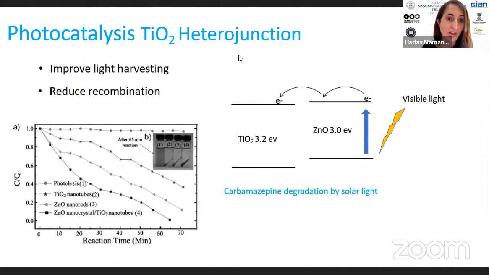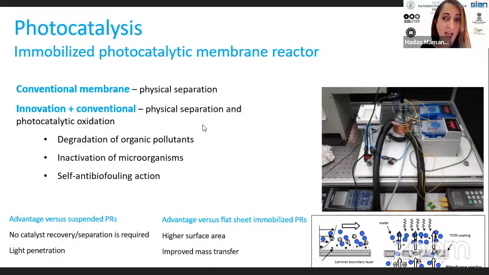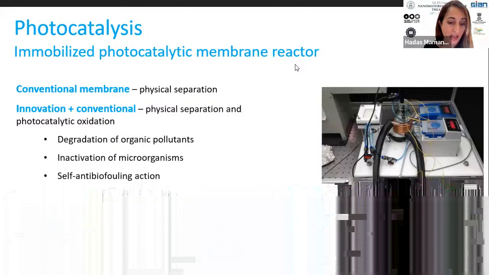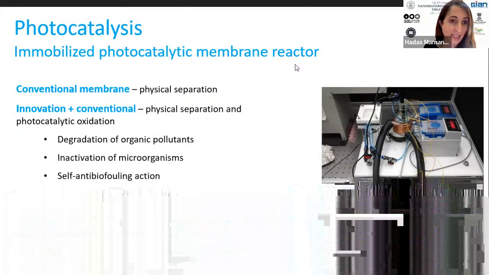And then we can also design TiO2 heterojunctions in order to improve the light harvesting and reduce the recombination. Another important feature, as I said before, is to immobilize the photocatalyst.